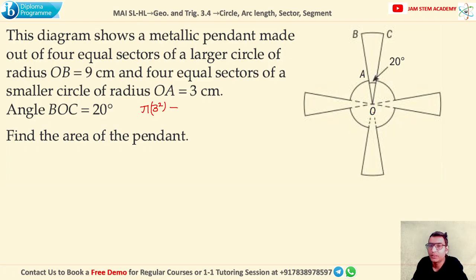So pi r squared, which is pi 3 squared, is the area of the complete circle. Now remove these 4 sectors. 1, 2, 3, 4. 4 sectors need to be removed. So each has angle 20 degrees. So simply use pi r squared times theta, 20 over 360.